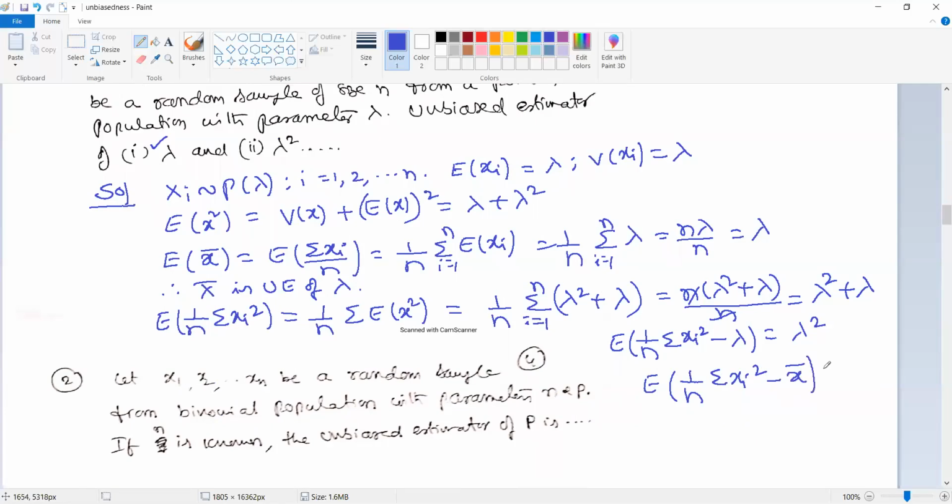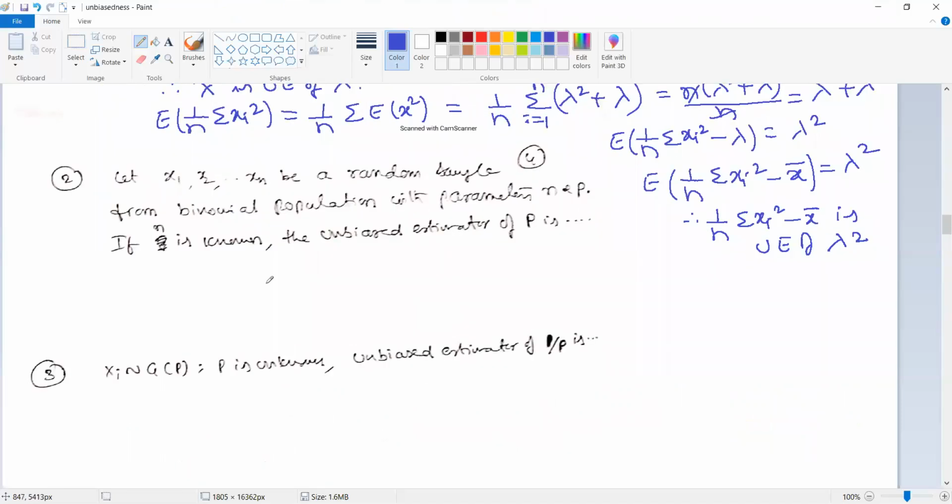Therefore, 1 by n summation Xi square minus X bar is an unbiased estimator of lambda square. It is very, very important for the examination. One more example.